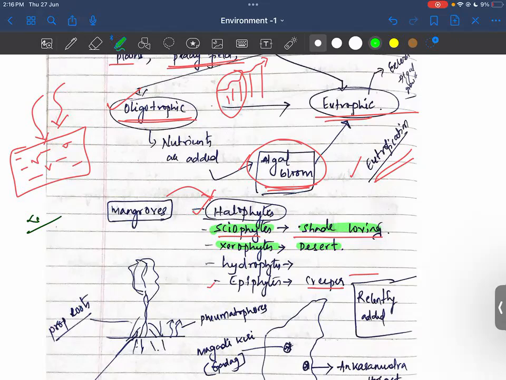Example, cactus, all these things, and hydrophytes which grow in water. Example, the lotus and water hyacinth, etc. And epiphytes are creepers. There is a tree, and one more climber will be growing on the tree. That is called as creepers, and they are called as epiphytes.